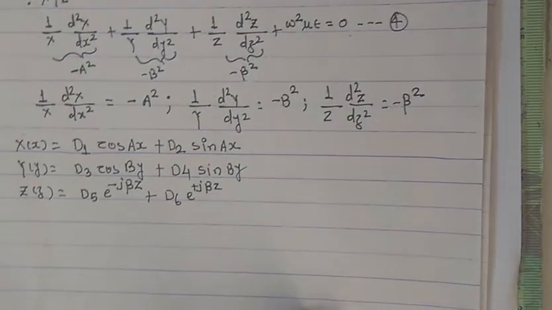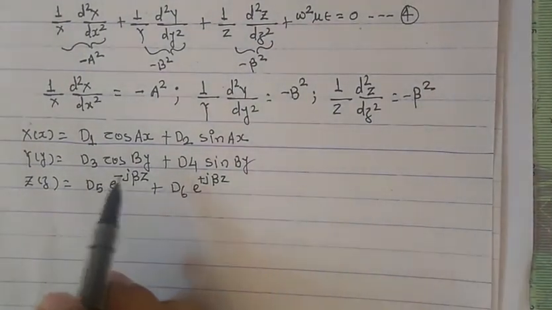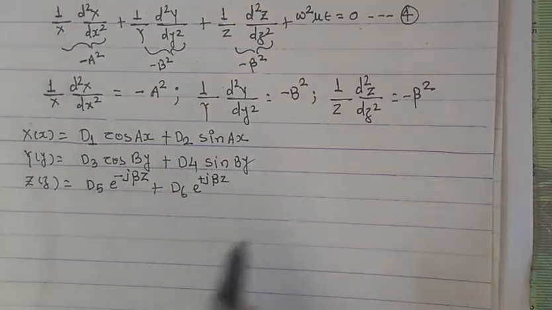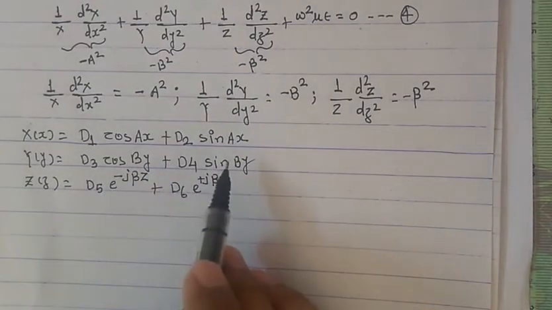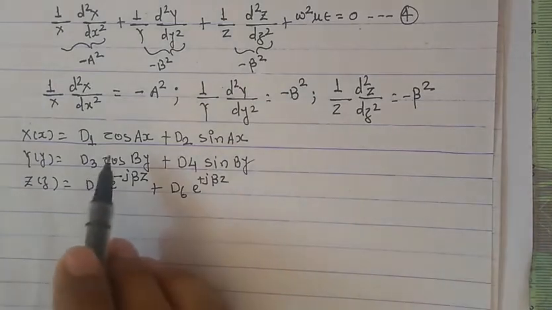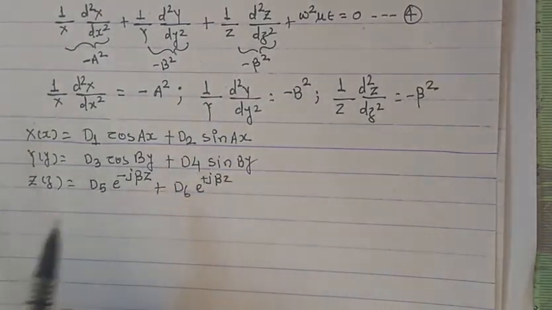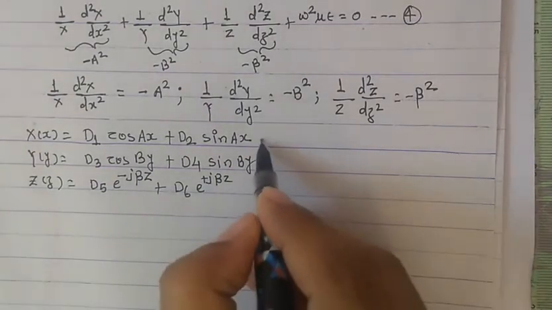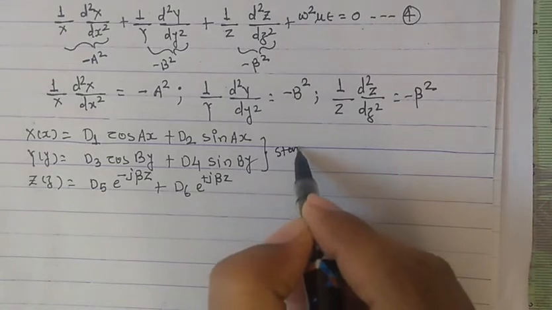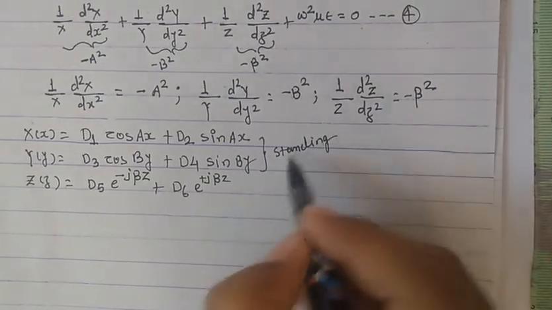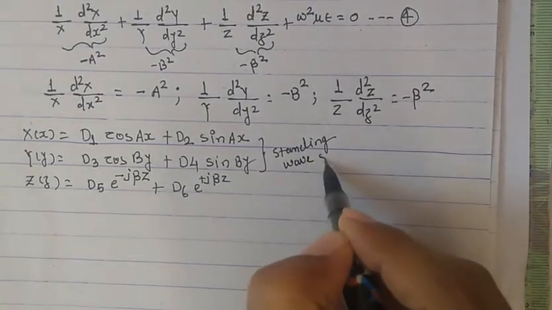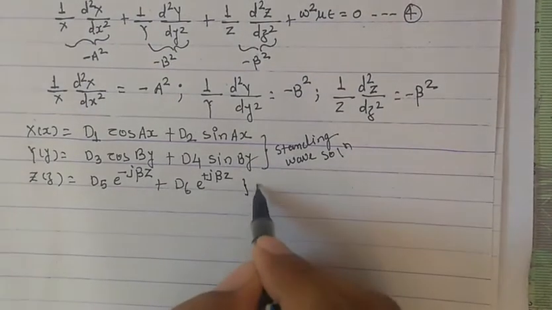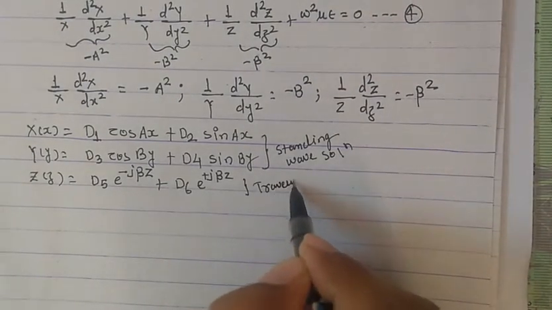You can recall from our TM mode analysis, these d1 to d6 are some arbitrary constants. Cos and sin are the sinusoidal variations of the field, and these two represent the standing waves in the transverse direction, and this is a traveling wave solution.